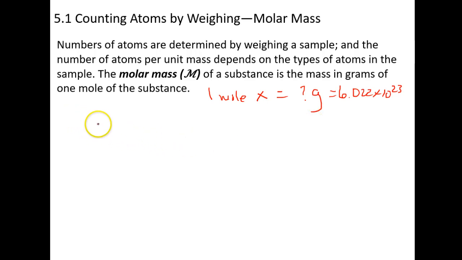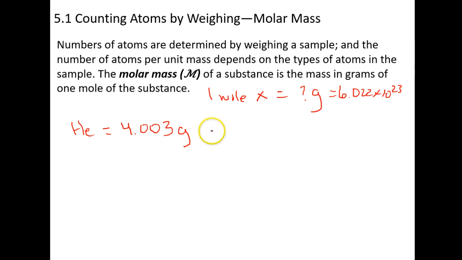If you look on your periodic table chart, let's take helium as an example. The atomic mass of helium is 4.003 grams. That's the atomic mass. Well, 1 helium atom doesn't weigh 4 grams. 4 grams is quite a bit, especially if we're talking about 1 helium atom.